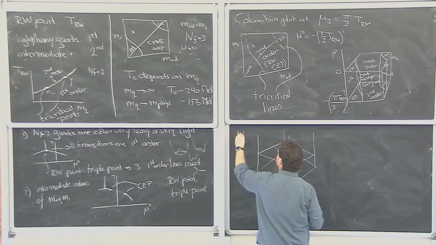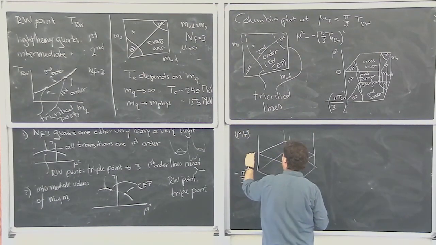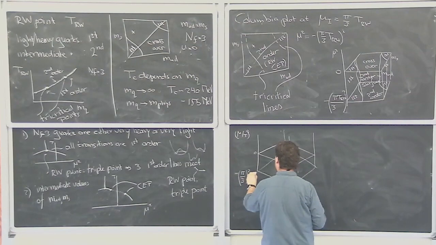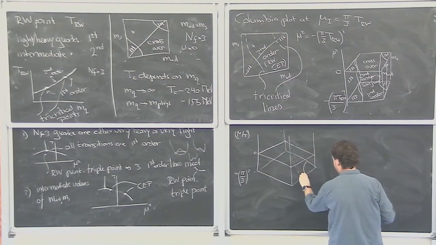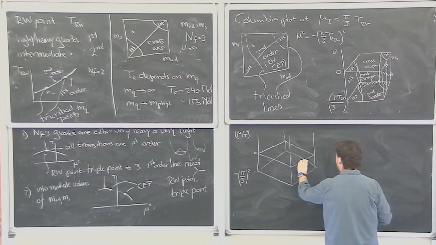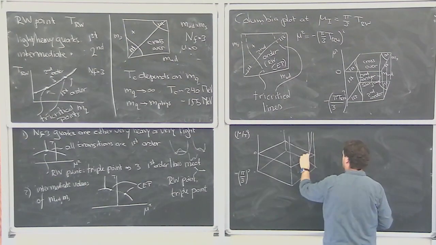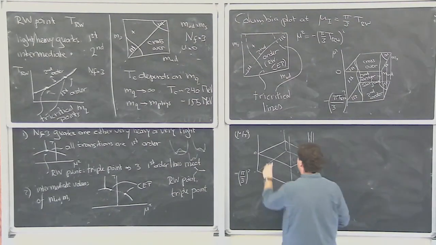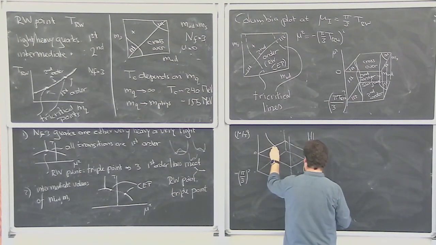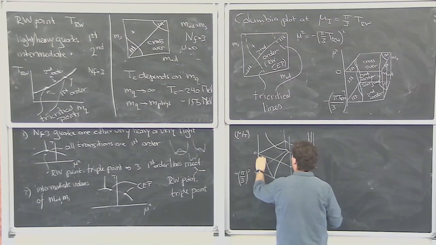So this is mu over T squared, 0 to minus pi over 3 squared. And so I have two surfaces here. One is the surface in the heavy quark corner, like this. And the other surface is here in the light quark corner, like here.